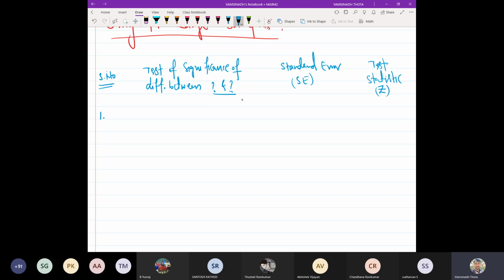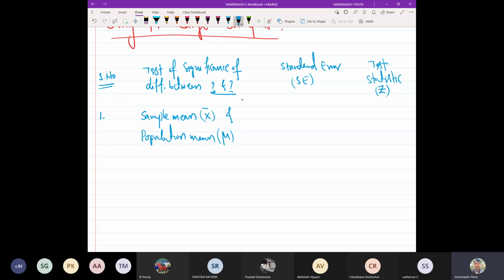The sample mean is generally represented with X bar, and the population mean is generally represented with mu.